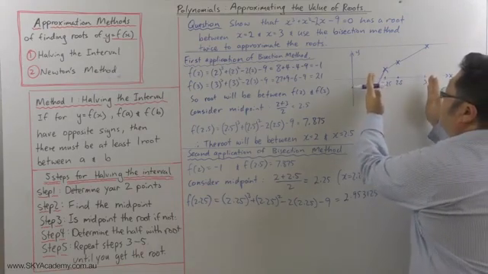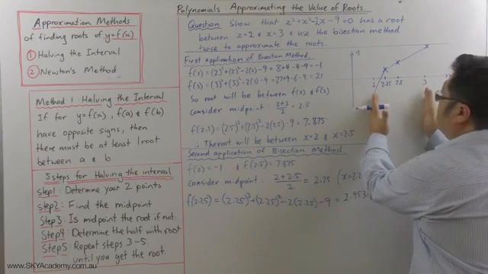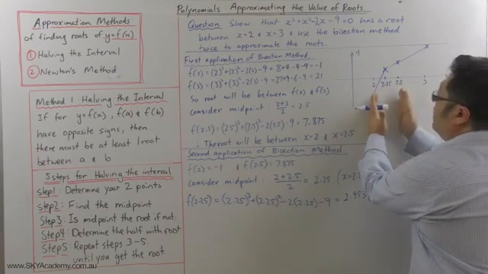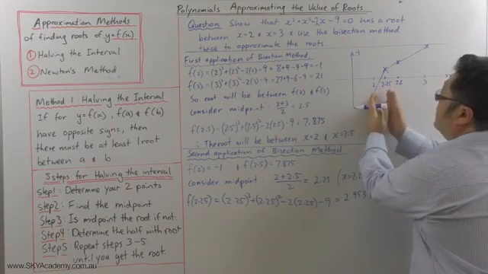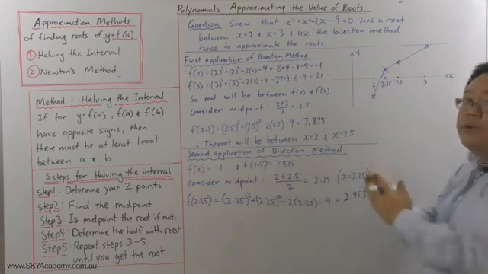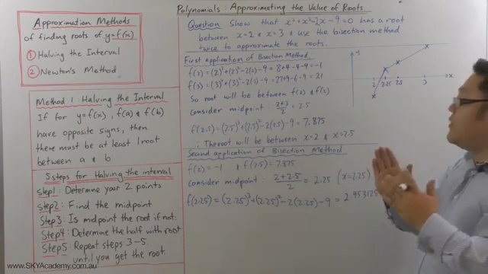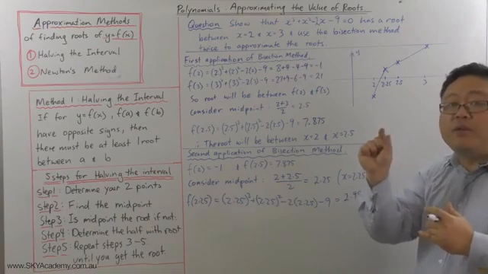And see how we're narrowing the interval each time? We narrowed the interval from 2 to 3 to become 2 to 2.5. And now with the second application, we've narrowed the interval from 2 to 2.5 to 2 to 2.25. Does that make sense? So each time we're narrowing the interval, and that helps us to find a shorter and shorter range where the root might be.